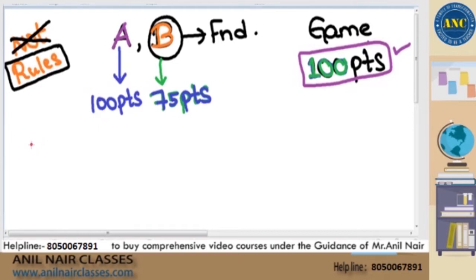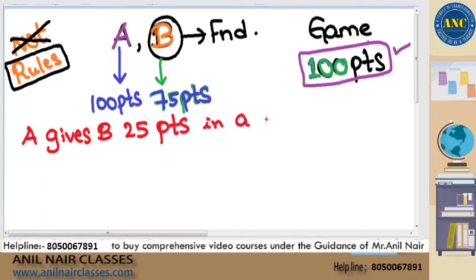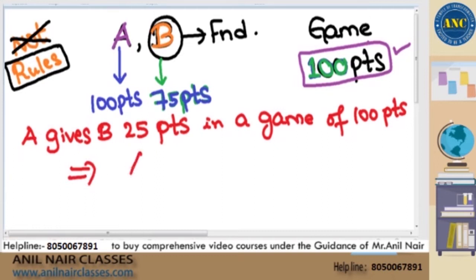That means, can I say that if the statement is A gives B 25 points in a game of 100 points, the meaning of this is A will still play for 100 points, right?